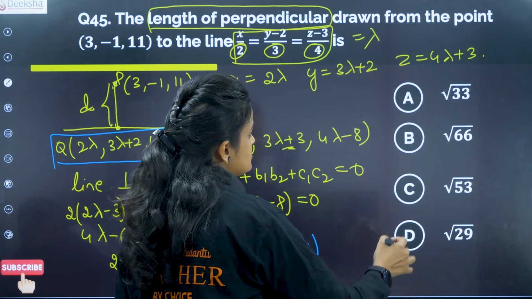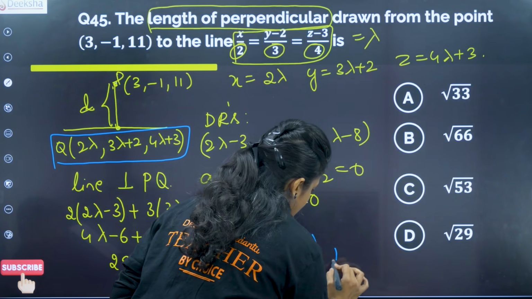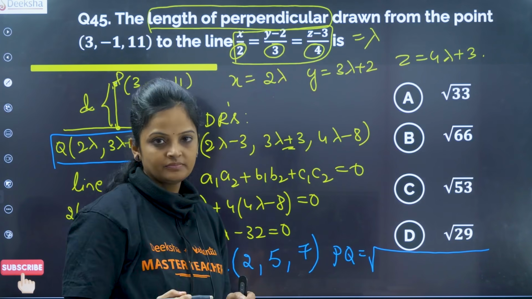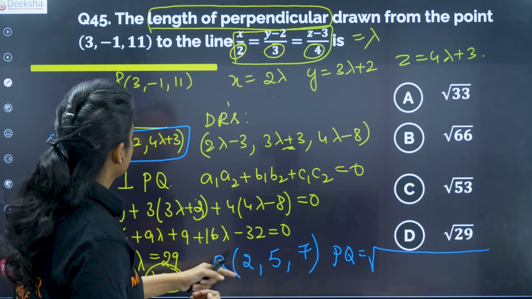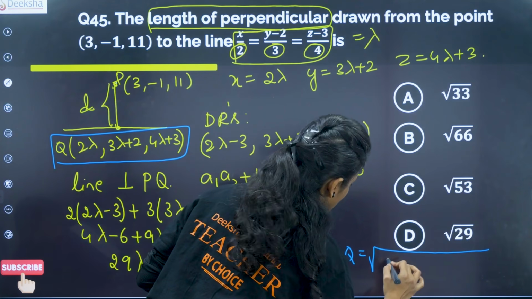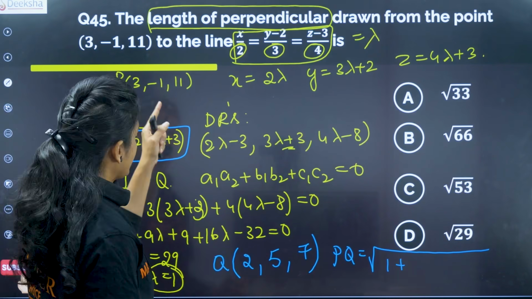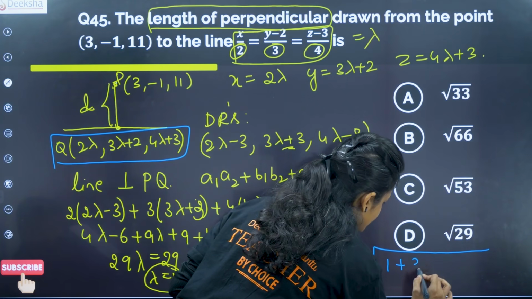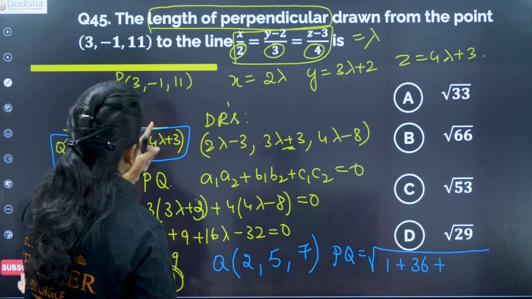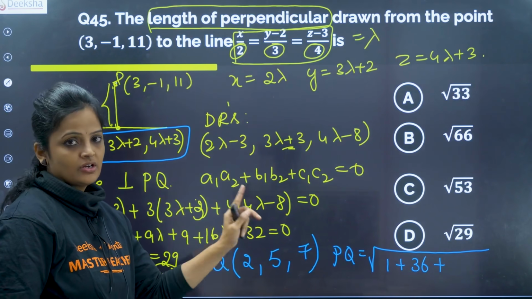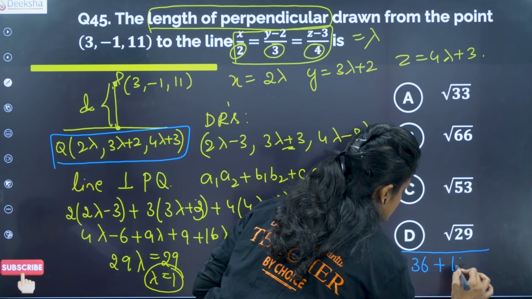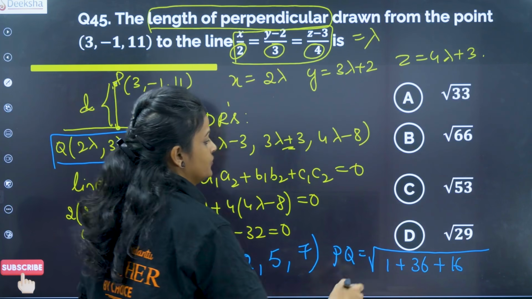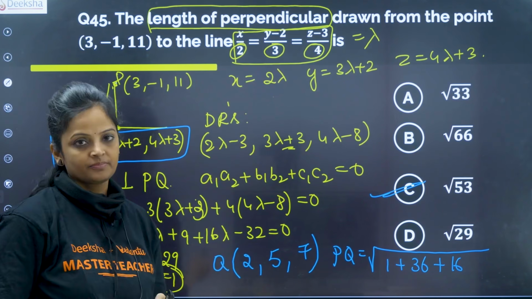It is the simple distance formula between P and Q. So 3 minus 2 whole square is 1, minus 1 minus 5 is 6, square will be 36, plus 11 minus 7 is 4, square will be 16. Sum of this: 36 plus 16 is 52, plus 1 is 53, will be your answer. Okay.